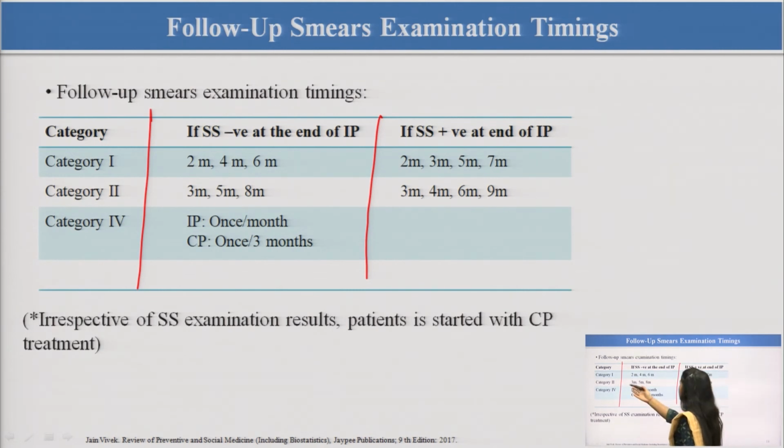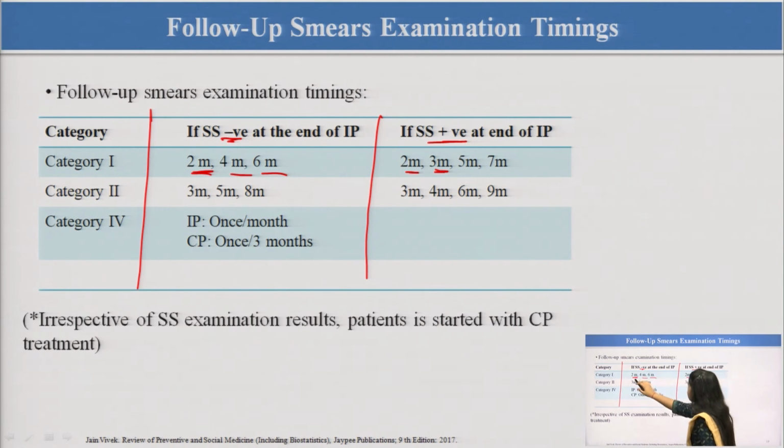So for category 1 we are doing the follow up at 2 months, 4 months and 6 months. We will see if the sputum smear is showing positive or negative after applying the treatment, meaning what is the infection level. If the sputum is showing positive at the 2nd month, then after 1 month we will repeat it.